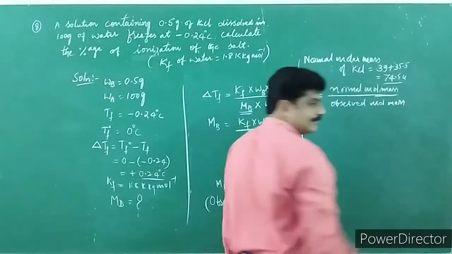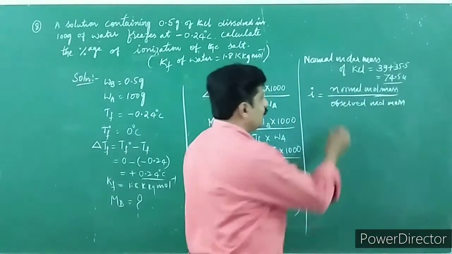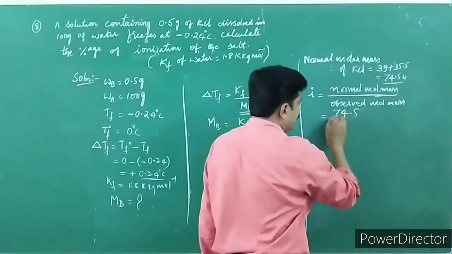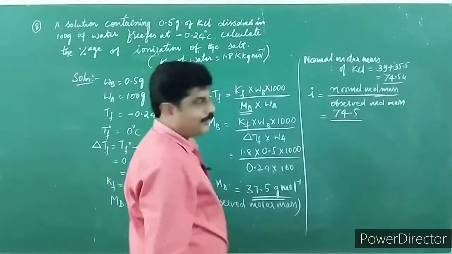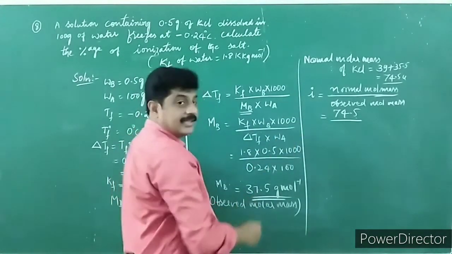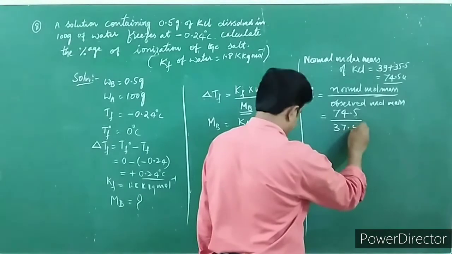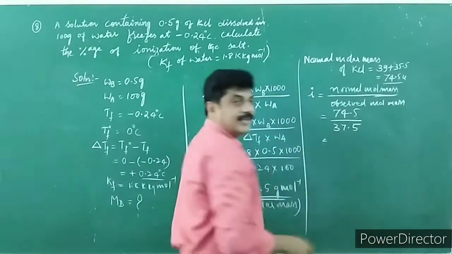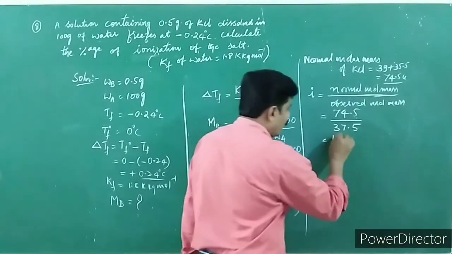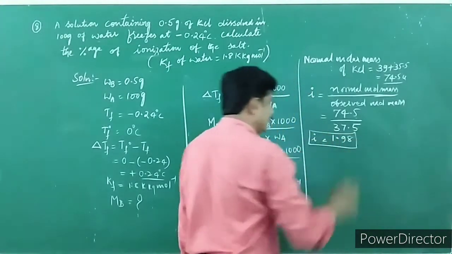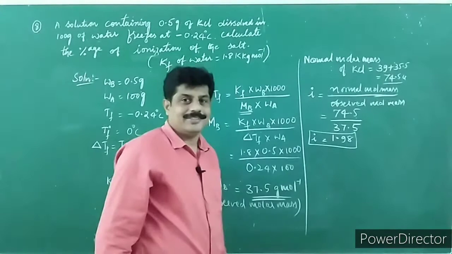Hope you are getting it. Children, what is the normal molar mass here? It is 74.5. What is the observed molar mass? Here 37.5. If you simplify that, you are going to get 1.98. I is equal to 1.98. Hope you got it.